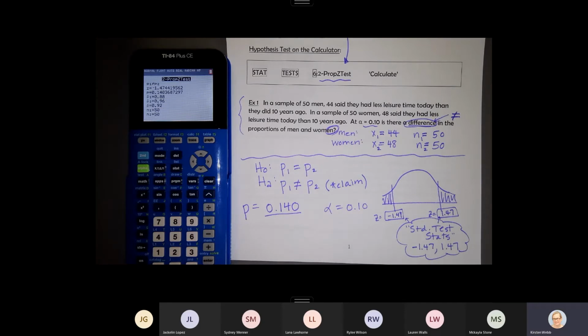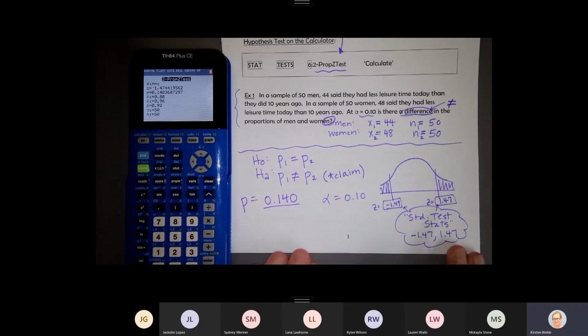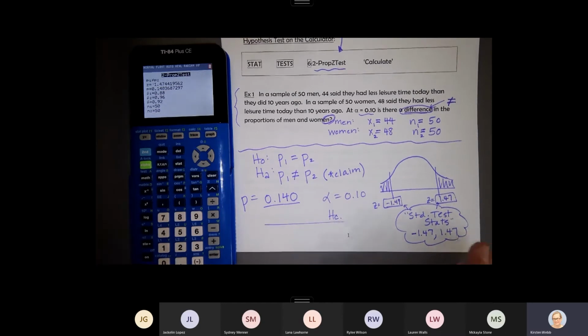Everything from here on out is exactly the same as it has been in Chapter 7. We want to compare and use that to make our decision about the null hypothesis. And then that will help us know what wording to use in our final conclusion. Let me give you a minute to think about how we're going to finish this off.